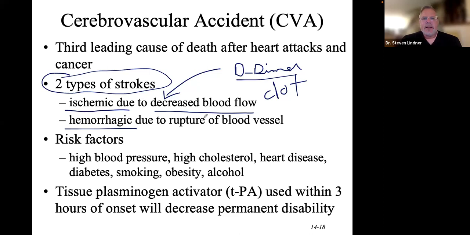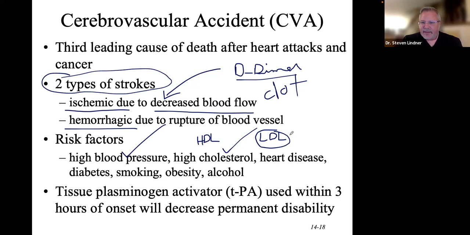Okay. So what are the risk factors of a person having a stroke? If the person has high blood pressure, if the person has high cholesterol, especially LDLs, low density lipoprotein, not HDLs. Having higher HDLs are actually pretty good.